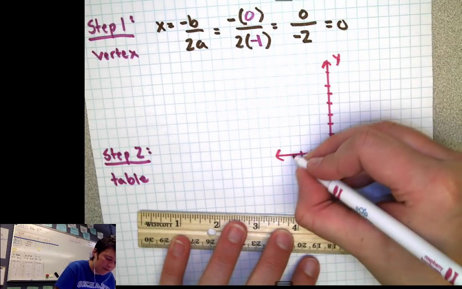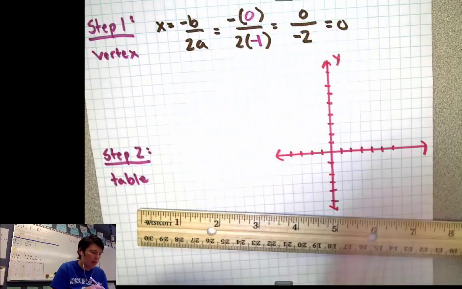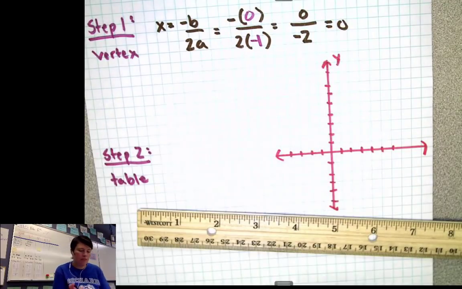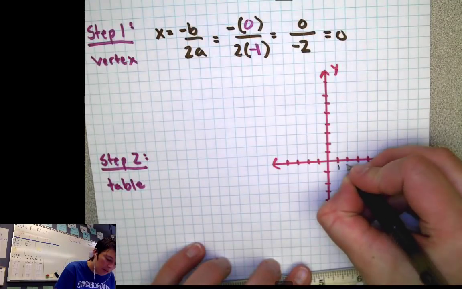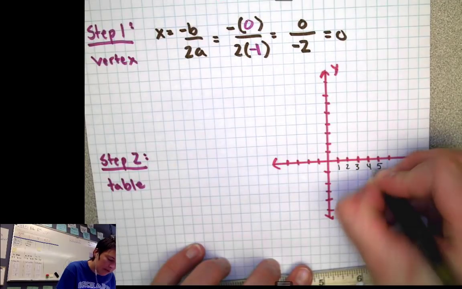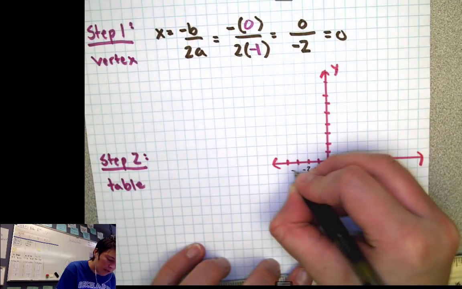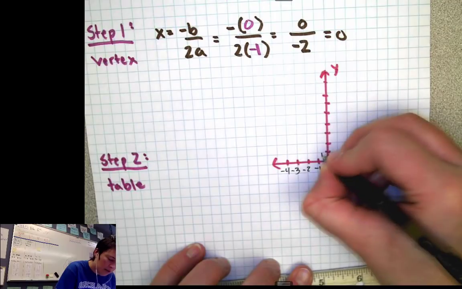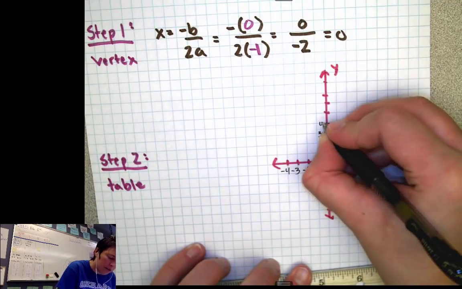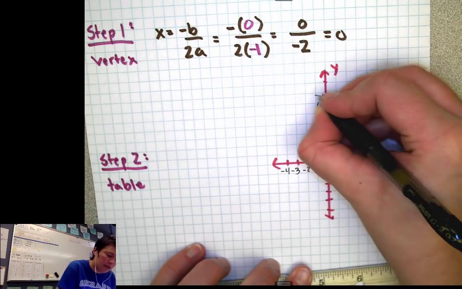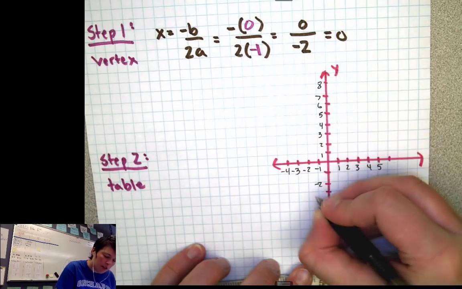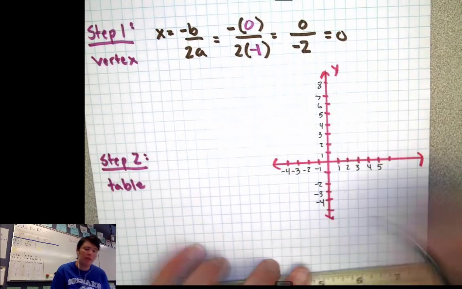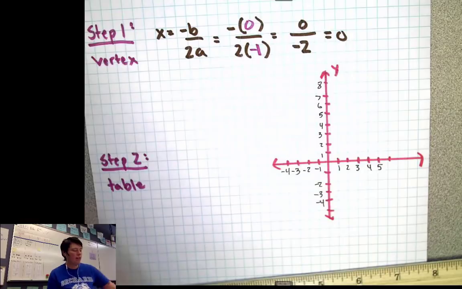There we go. I'll label it with some numbers too. So let's see, this is 1, 2, 3, 4, 5, negative 1, negative 2, negative 3, negative 4, 1, 2, 3, 4, 5, 6, 7, 8. I just want to make sure everything's set up in advance. So if I was fast, just pause the video.